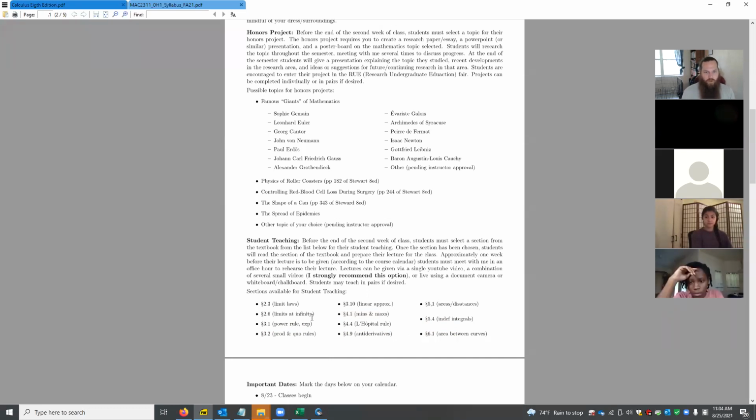So if you're having a hard time choosing, I would recommend maybe picking one of those, something like the power rule or mins and maxes or antiderivatives. Those are pretty easy to manage, and you'll be able to read ahead and start understanding those pretty soon. As soon as we've introduced the notion of a derivative, you'll be able to start prepping either of these or either of these.